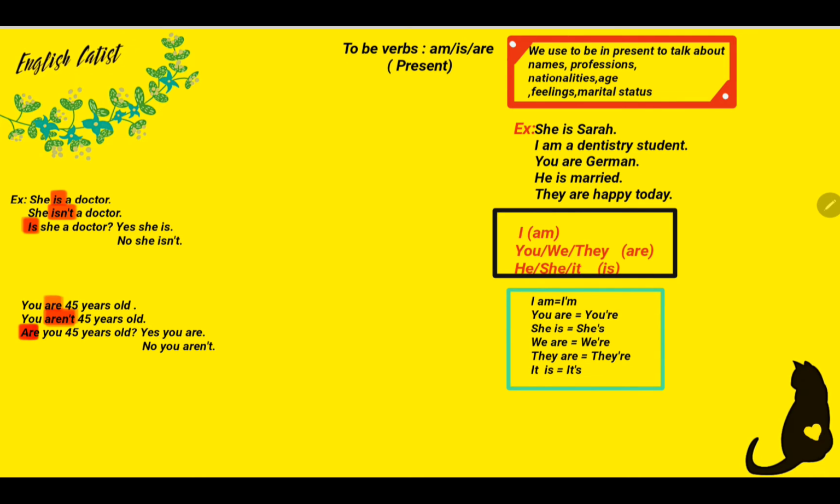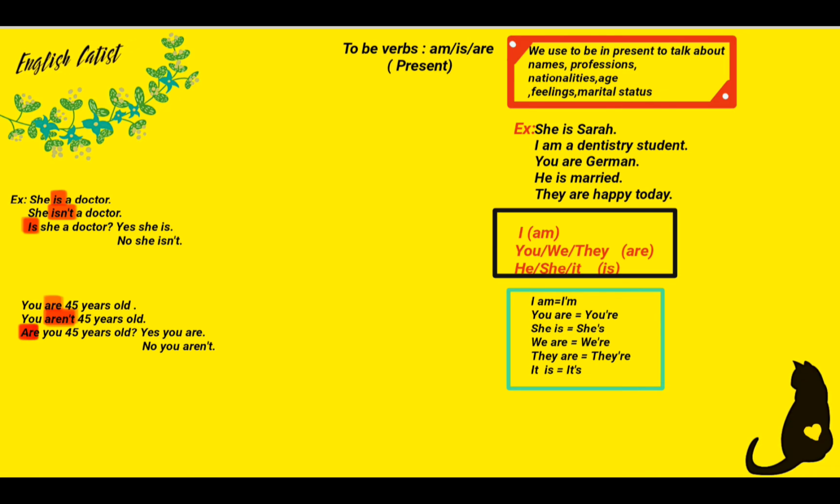Now, the important thing is that when we use to-be verbs in present tense, we use them to talk about names, professions, nationalities, age, feelings, and marital status. Look at some examples.